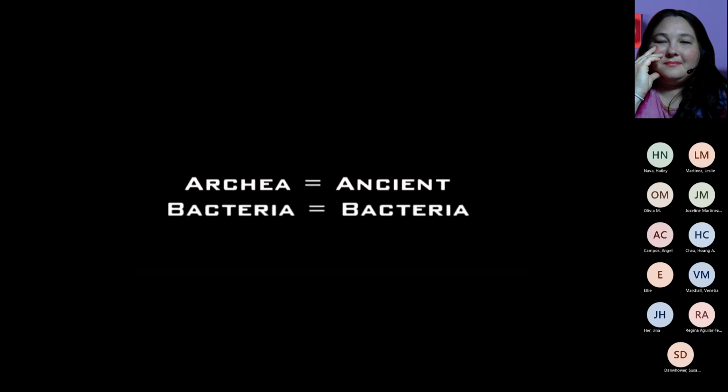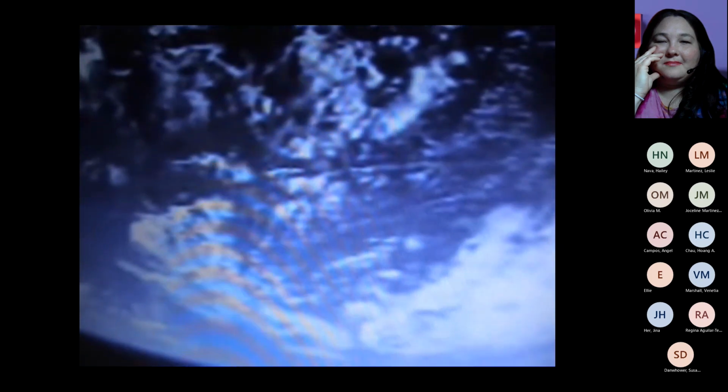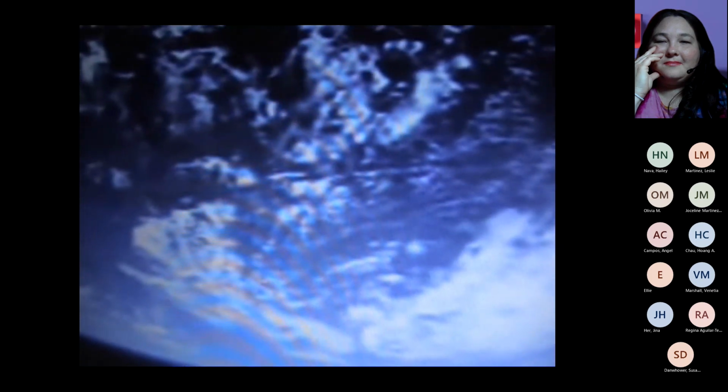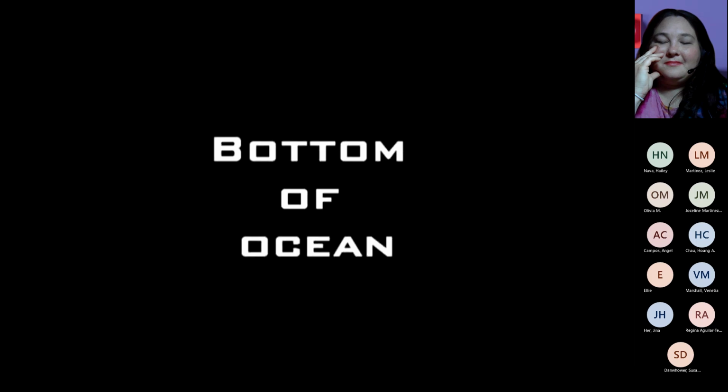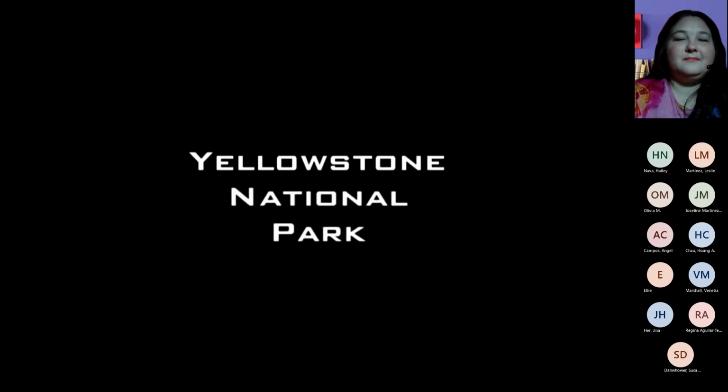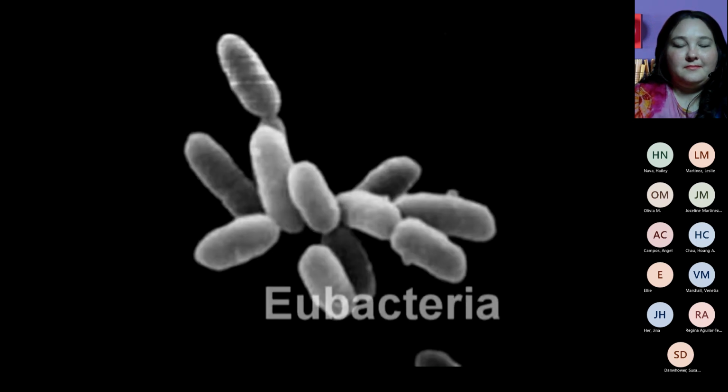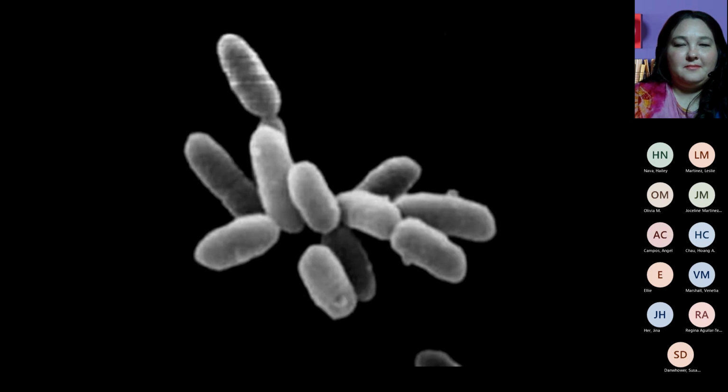Also known as ancient bacteria, this cell is very important, for it is everywhere in the universe. From the inside of cows, termites, and marine life, it is also found at the bottom of the ocean and Yellowstone Park. Don't dare confuse it with eubacteria, for it consists of different structures, metabolisms, and environments.